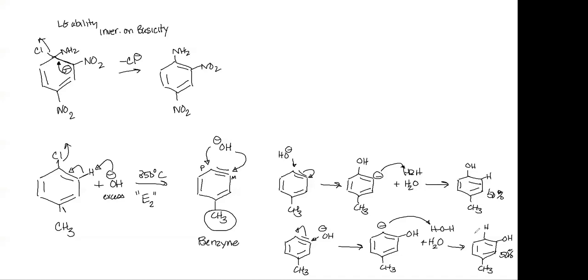So then they were like, okay, I need to readjust my mechanism to account for the fact that we get 50-50. So this mechanism would be what you would write for any kind of deactivated ring.